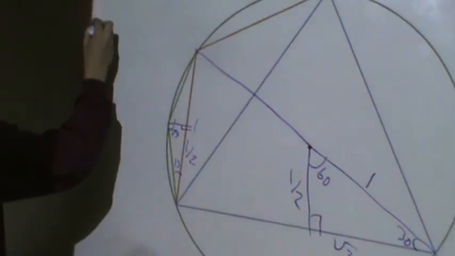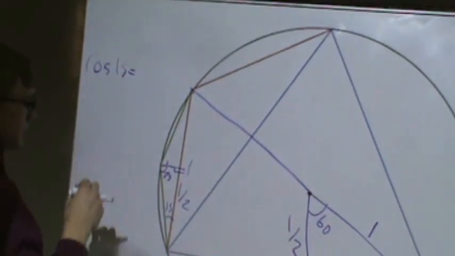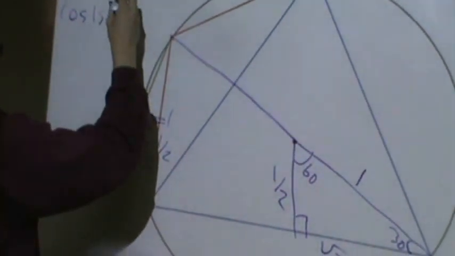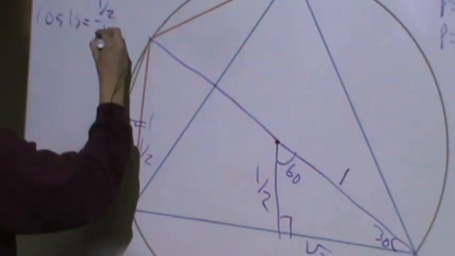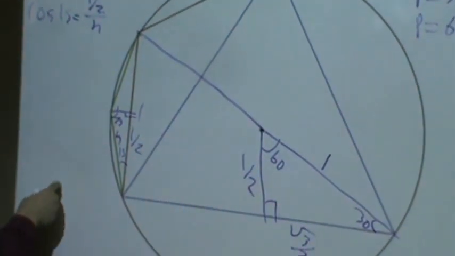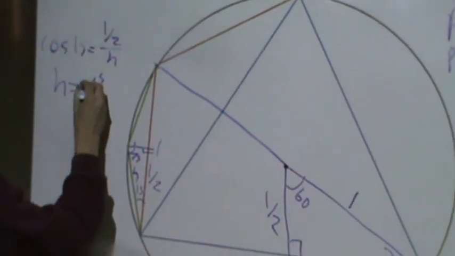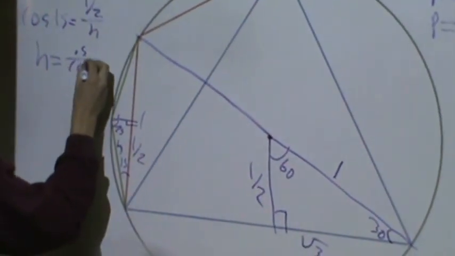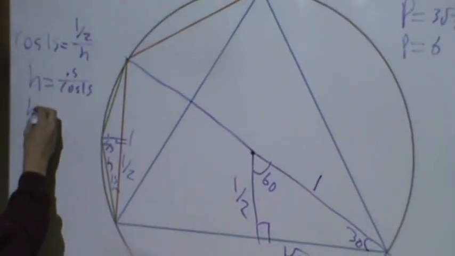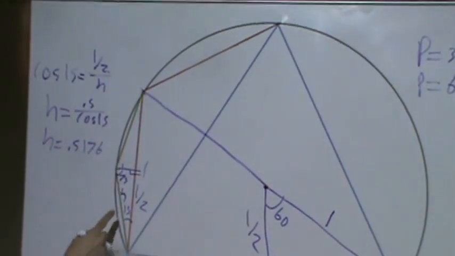Now using the cosine of 15, we'll get cosine of 15 equals 1/2 over h. Multiplying both sides by h and dividing by the cosine of 15, we'll get that h equals 0.5 over the cosine of 15, which is 0.5176.